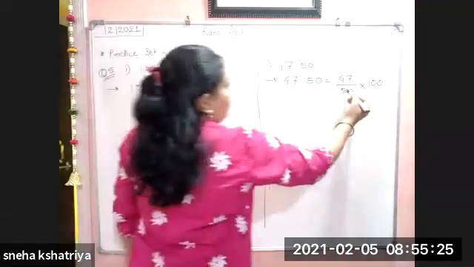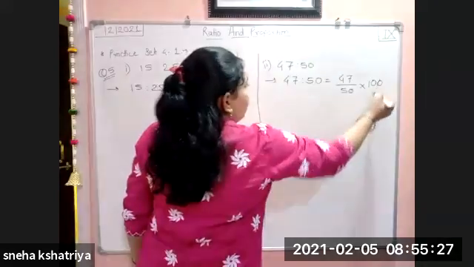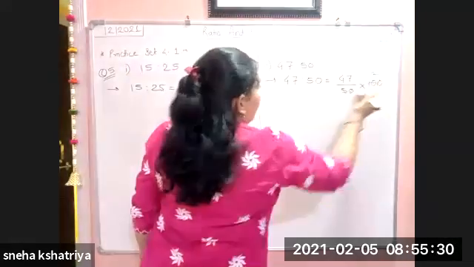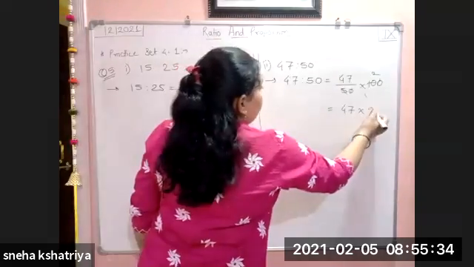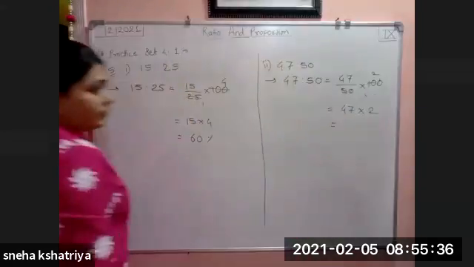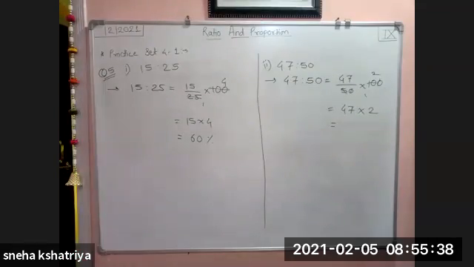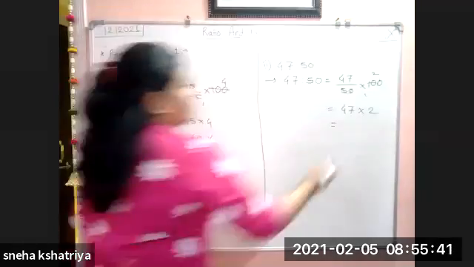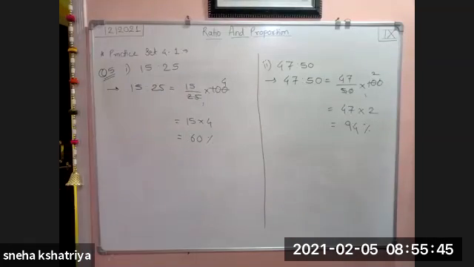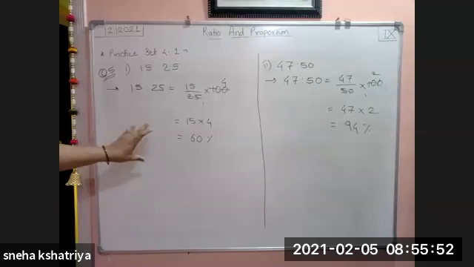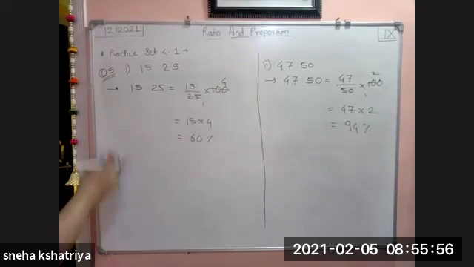Again here, 50 twos are 100, you can cancel the zeros, it is one and the same thing. 47 multiplied by 2 is 94 percent. Very simple kind of examples these are. Only you have to multiply by 100 and find out the percentage.